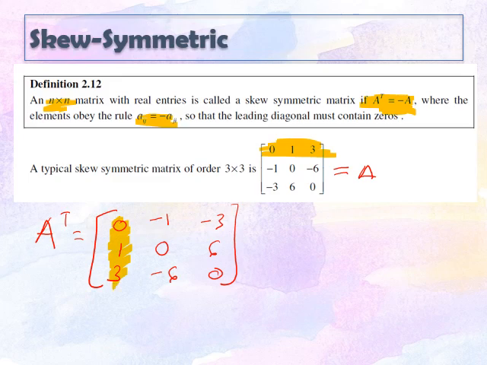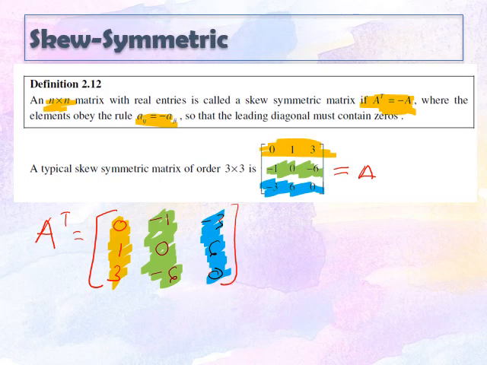This row becomes this column, and this row becomes this column. So we perform the transpose. Overall, 0 becomes 0, 1 becomes -1, 3 becomes -3, -1 becomes 1, 0 becomes 0, -6 becomes 6, -3 becomes 3, 6 becomes -6, 0 becomes 0.